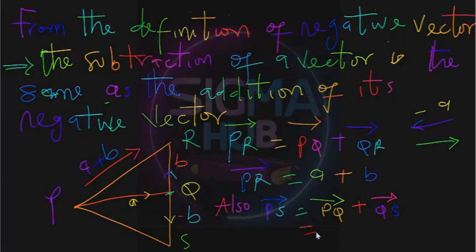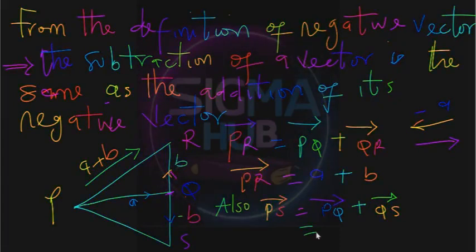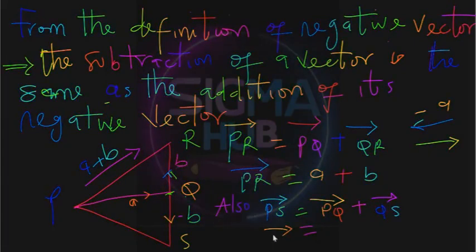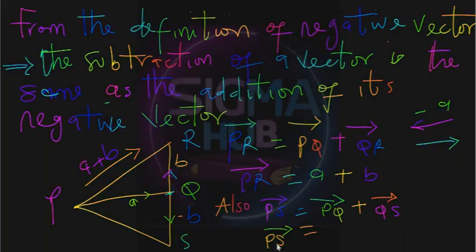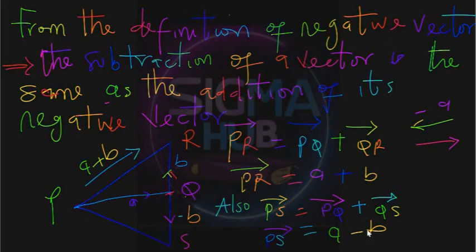Since PQ has been denoted with A and QS is denoted with negative B, thus I can say PS is the same thing as A minus B.